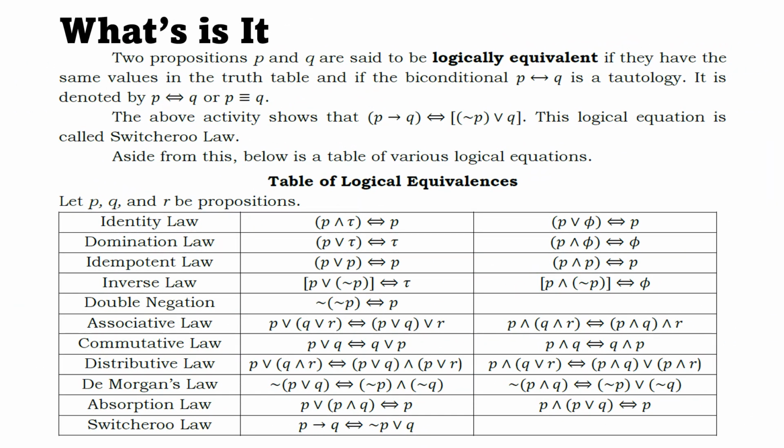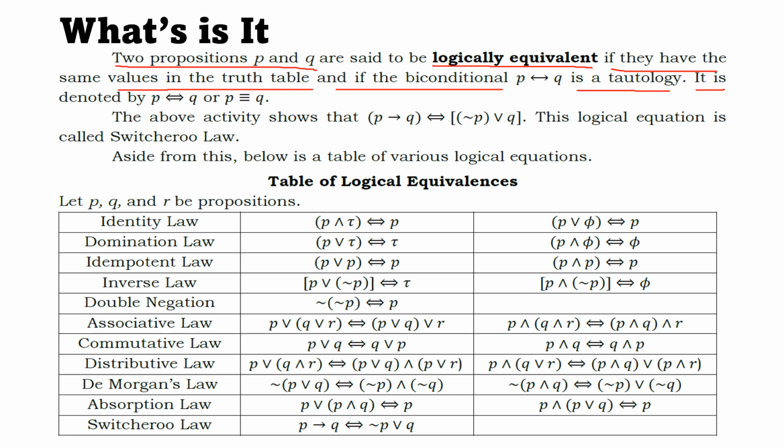Let's move forward with our main agenda for this module. Two propositions P and Q are said to be logically equivalent if they have the same values in the truth table and if the biconditional of P and Q is a tautology.